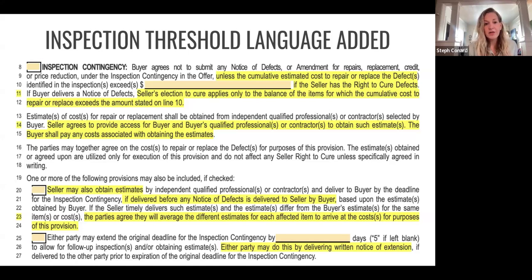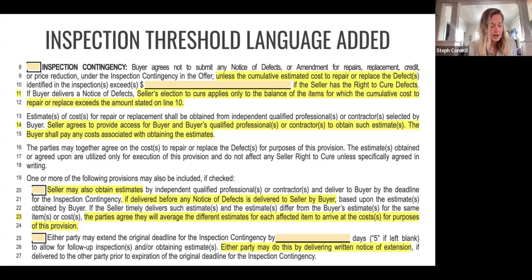Estimates of costs of repair or replacement shall be obtained from independent qualified professionals or contractors selected by the buyer. Seller agrees to provide access for buyer and buyer's qualified professionals or contractors to obtain such estimates, and the buyer shall pay any costs associated with obtaining the estimate.